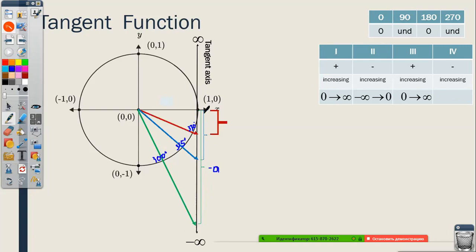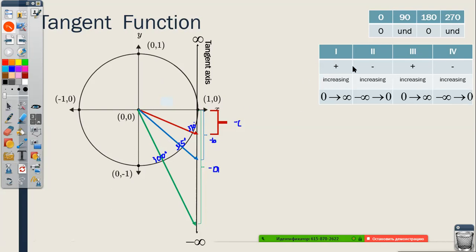The next one, the tangent of 330, is minus b. This distance is the tangent of 350, minus c. So the smallest value is minus a, then minus b, then minus c. So in the fourth quadrant tangent is also increasing, from minus infinity to 0. In short, we can say that in all quadrants the tangent function is increasing.